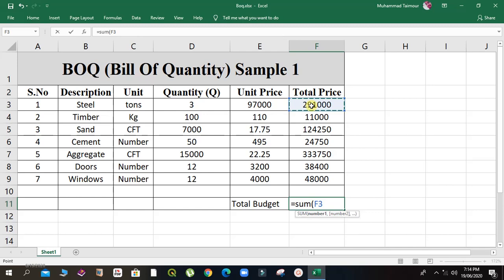So I will select cells F3, F4, F5, F6 up to F9 and then enter. So here the price is 8,71,150. This is the total price of all these items.